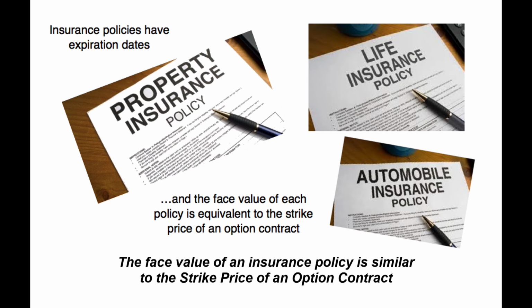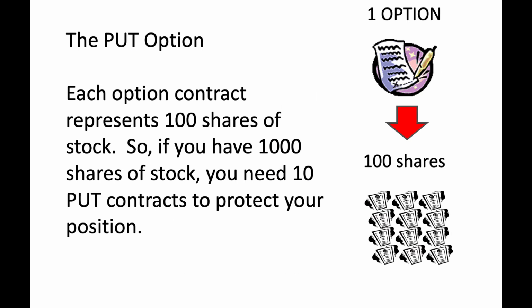Now, to understand what kind of coverage you might get on your stock, for instance, one put option or one option contract represents 100 shares of the stock. So let's say you own 1,000 shares of a particular stock and you want to buy insurance on that position, you would need to buy 10 put contracts to give you the full protection of those 1,000 shares that you own.